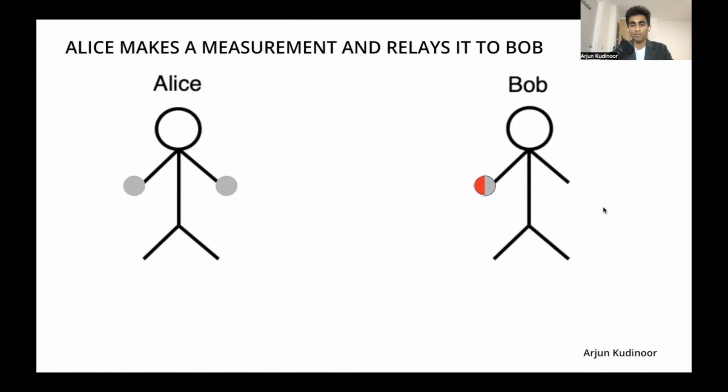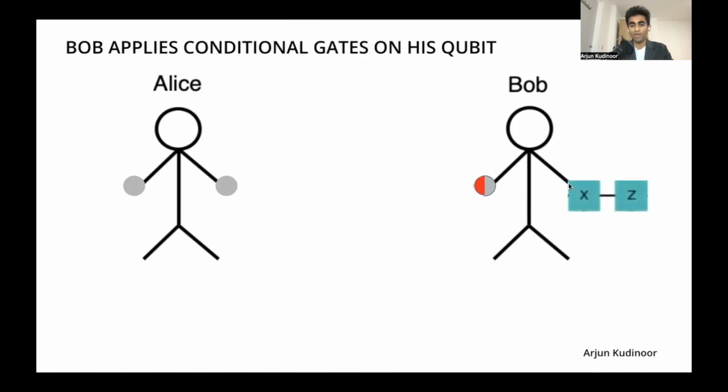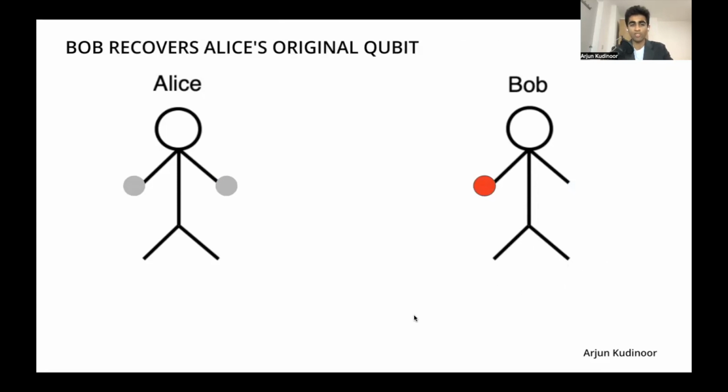Once that's done, Bob can then apply a series of conditional gate operations, either X gates or Z gates, onto his qubit, depending on the measurement that he got from Alice. And once he applies those gate operations, he immediately recovers Alice's original state. Okay, so what just happened here?